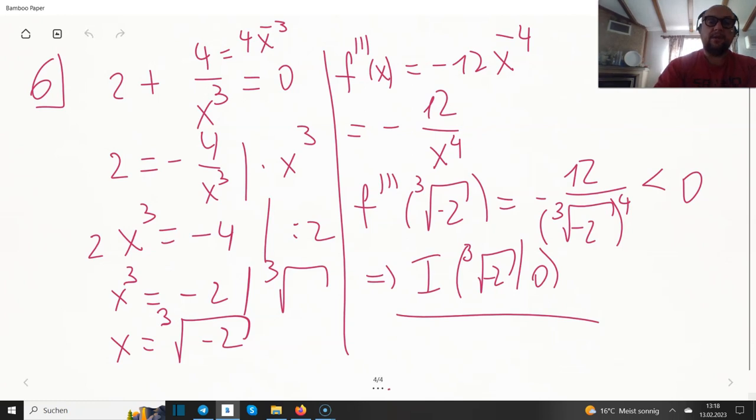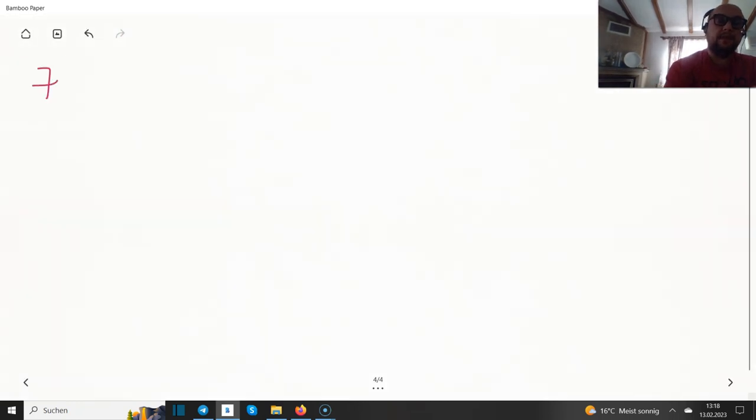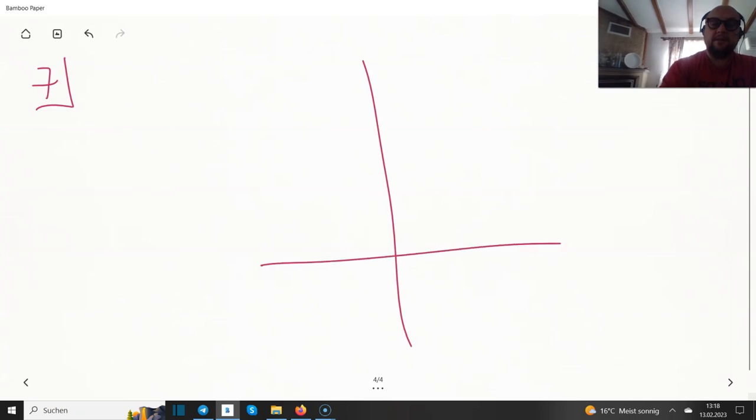Now we have to plot the graph. This is step number 7. So let's see what's happening. What do we know? First of all, 0 point somewhere here, which is a minus 2 cubic root out of that. All right. Then at 1, 3, we have a min.